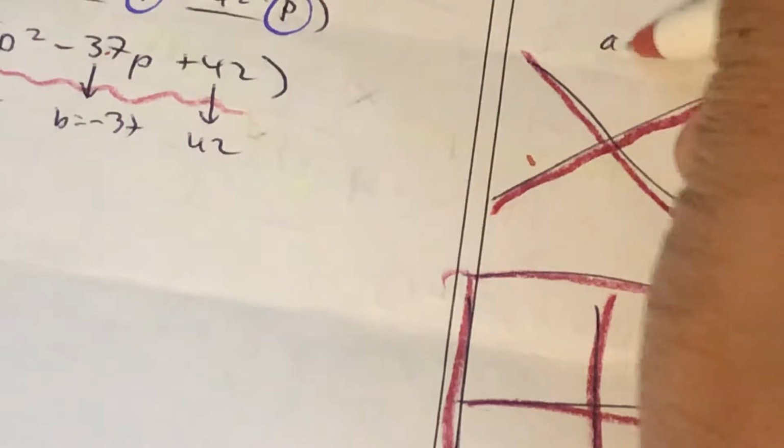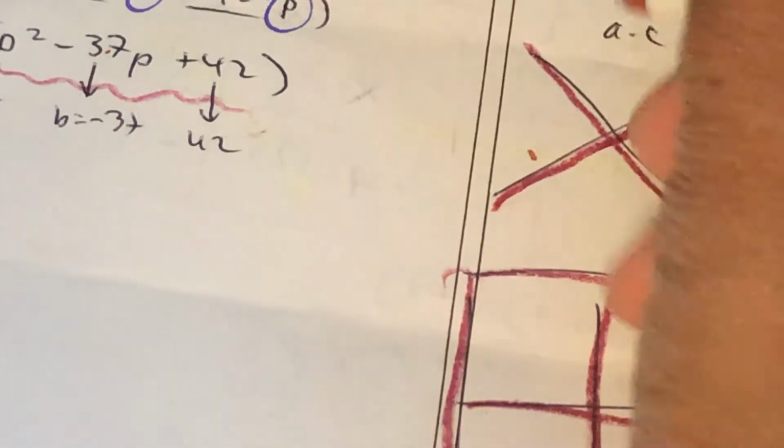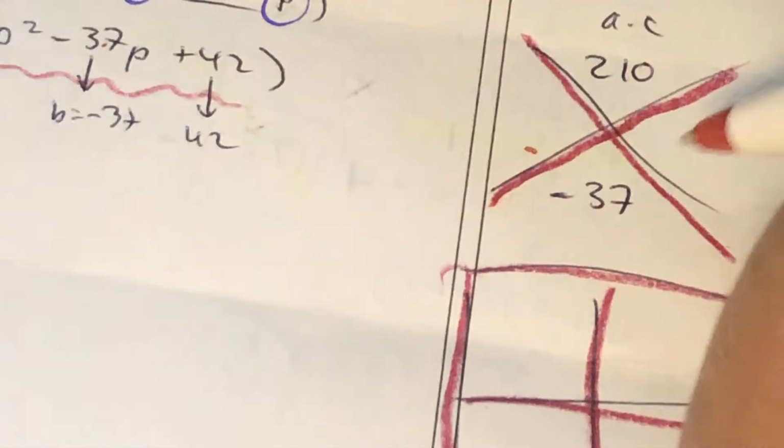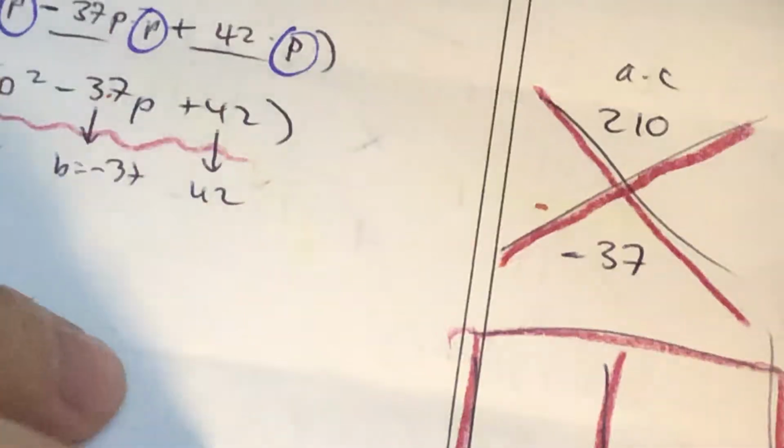So A times C is going to give me 210, and my B value is going to be negative 37. So some big numbers, so it's super helpful to list out all your factors, which I'm going to do. So was there a GCF? And the answer is yes.